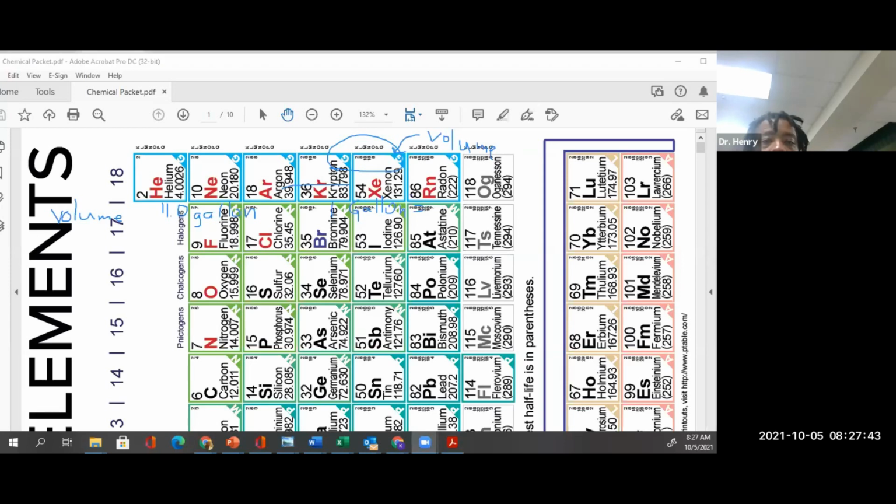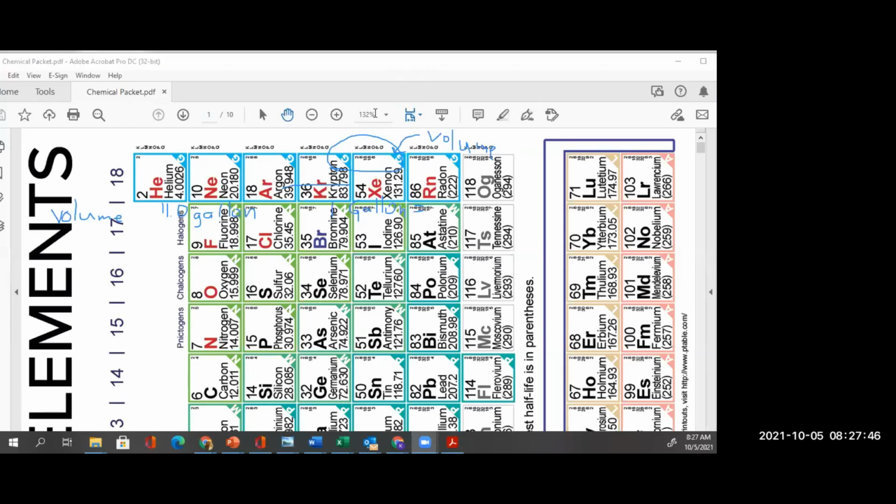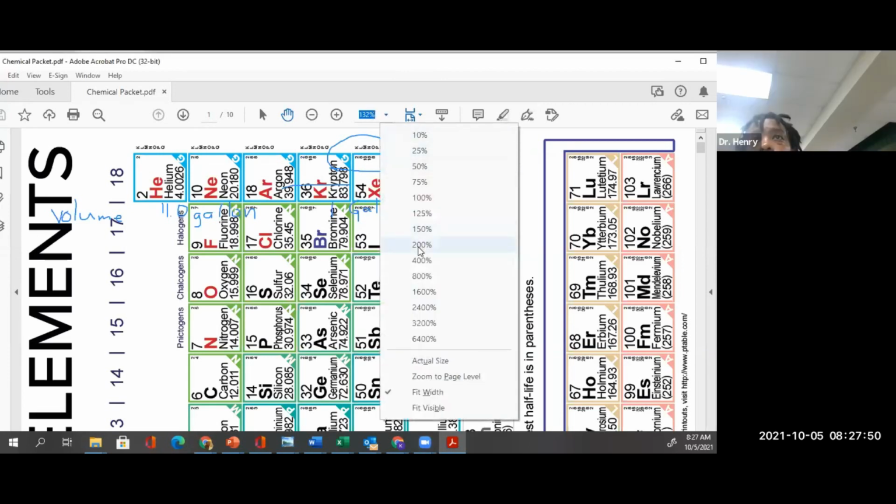Okay, can you guys see it on your screen? Yes, we can see the table. Okay, so let's make it smaller so we can actually use it.